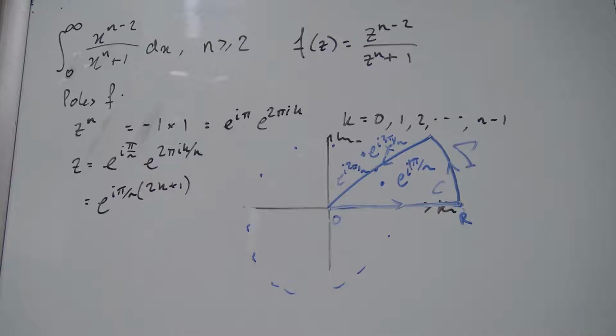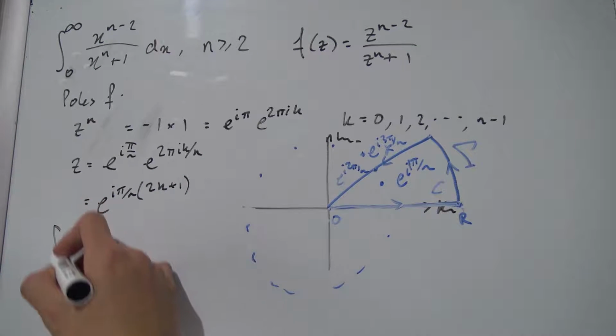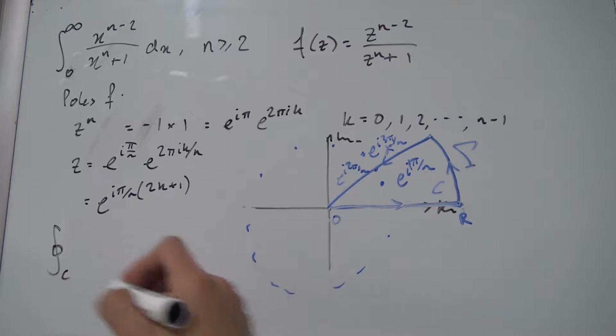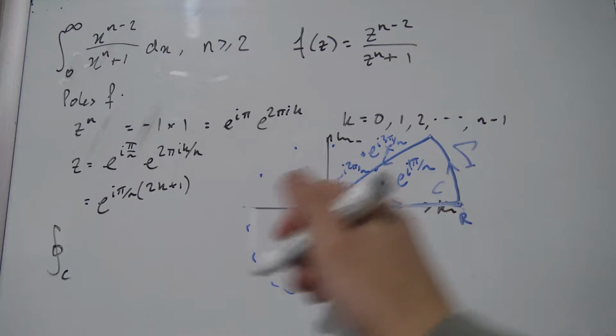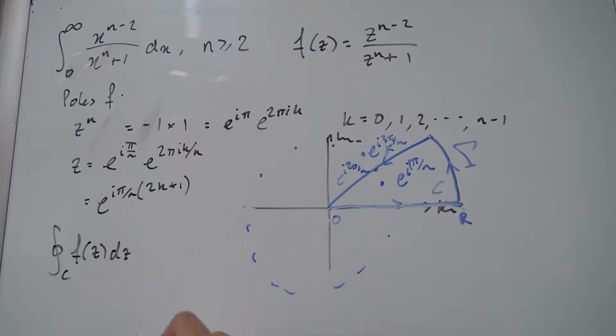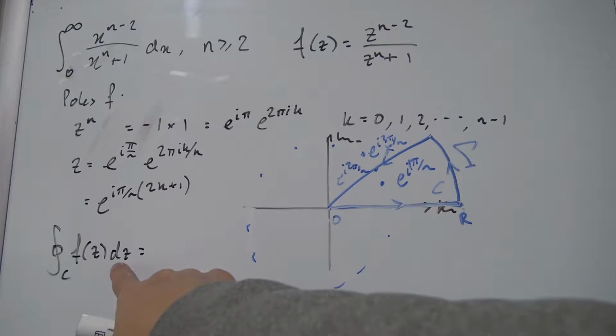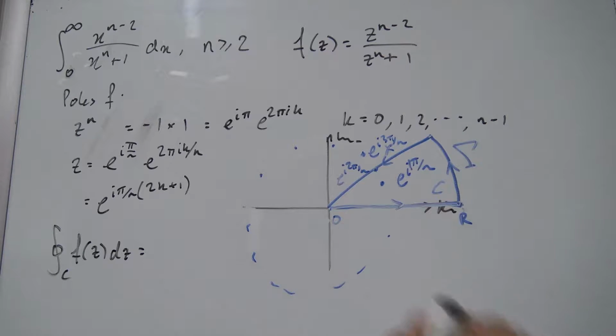So let's write down what we have so far. We want to integrate our function f(z) over this closed contour, f(z) dz. Notice that we can decompose this contour into these three paths we've set up.